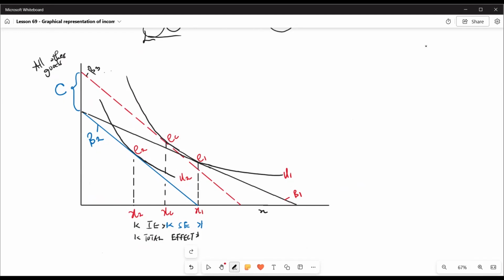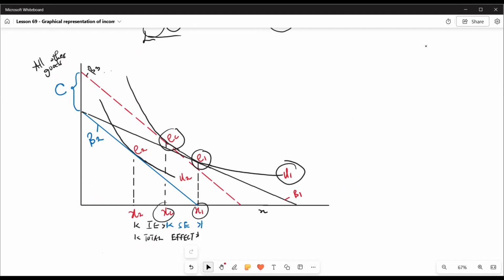The movement from bundle E1 to bundle EC on the same indifference curve U1 is substitution effect, which shows how the quantity demanded changes from X1 to XC when the price of good X goes up, and simultaneously income is adjusted so that the level of utility is the same.